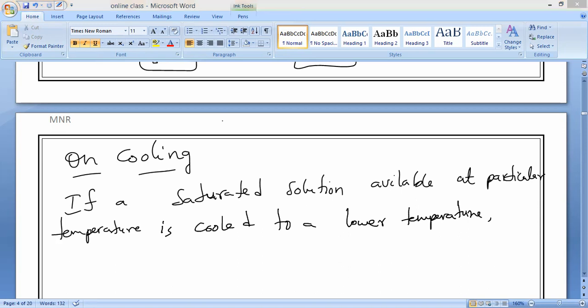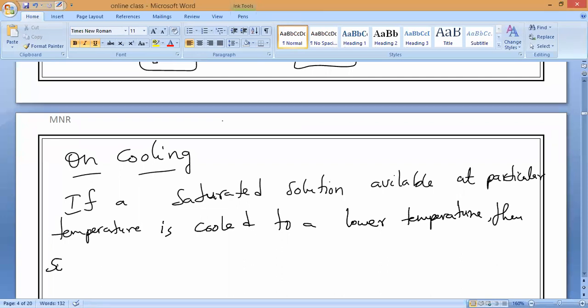Less solubility. Then some of its dissolved solute, what will form?